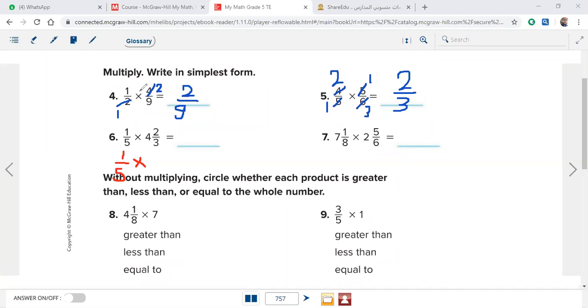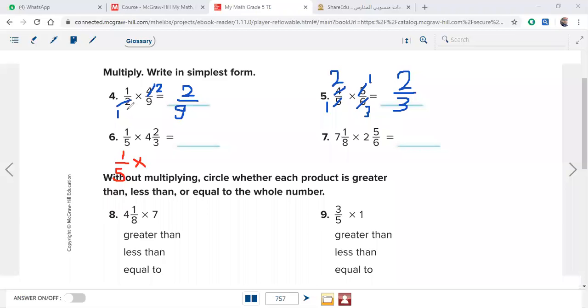Number 4 again. I have 1 out of 2 times by 4 out of 9. Okay, I have to check first if there is any common factor between a denominator and any numerator in the problem. I have here in the second fraction 4 in the denominator and in the first fraction 2 in the denominator.